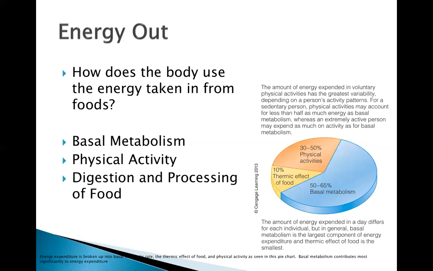Basal metabolism is slightly variable between 50 and 65%, and physical activity between 30 to 50%. It is possible for physical activity to be lower. It's also possible for physical activity to be higher, but you would need a pretty extreme amount of exercise to exceed 50% of your calories burned just from physical activity alone.